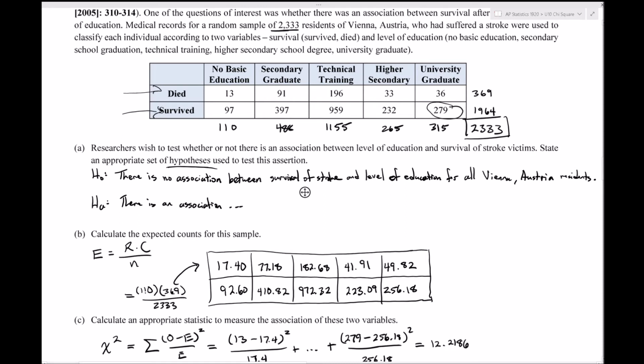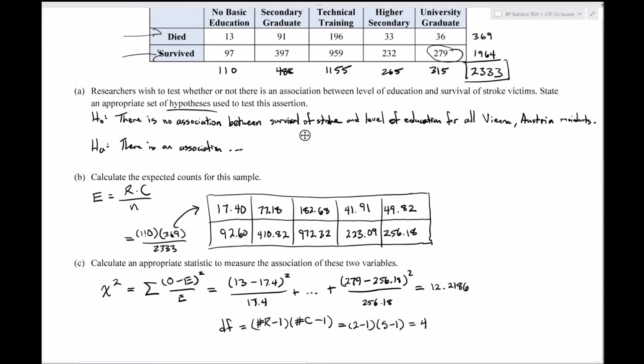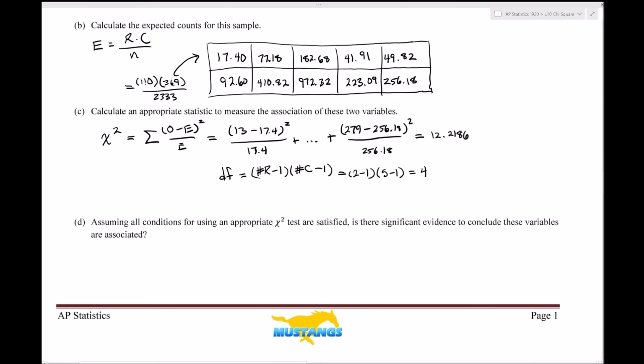So in that case, you'd probably do a segmented bar graph or a side-by-side bar graph. So that would be one part of the problem. Then they'll ask you to calculate a probability based off of the table, most likely a conditional probability. And then they might ask you not to run a test, but to maybe calculate an expected count, or maybe to calculate the degrees of freedom by hand. So that's something you'll have to know how to do by hand.